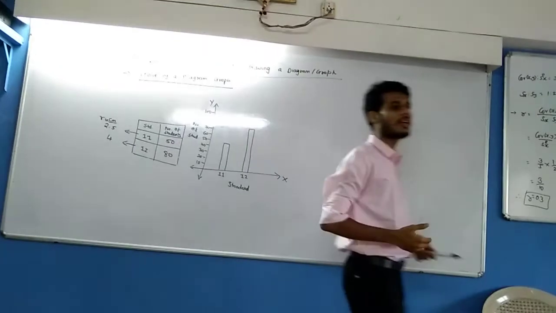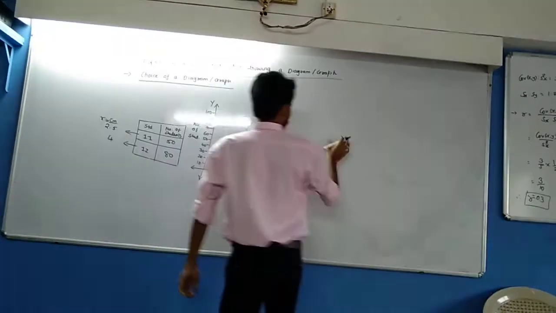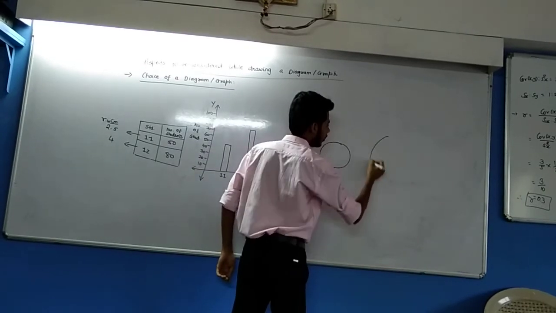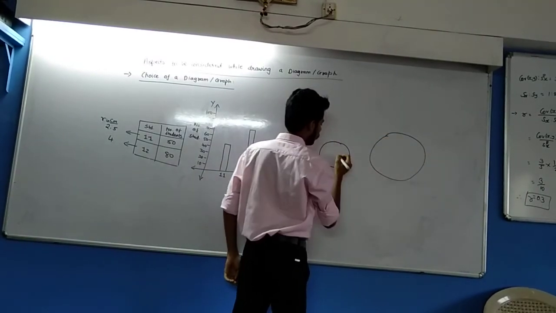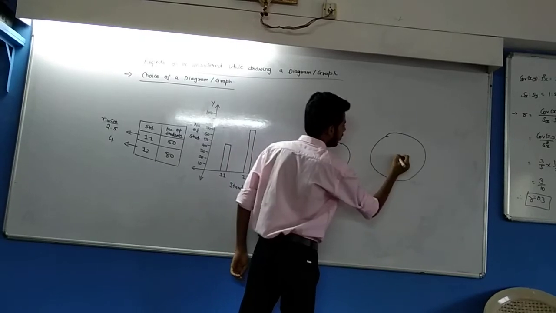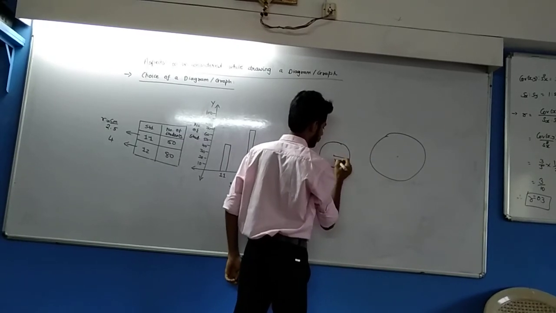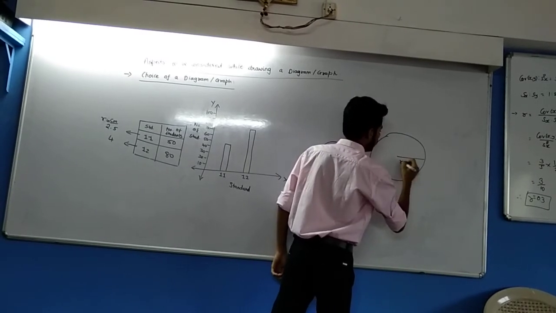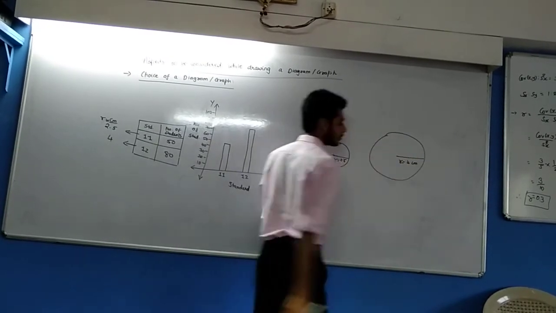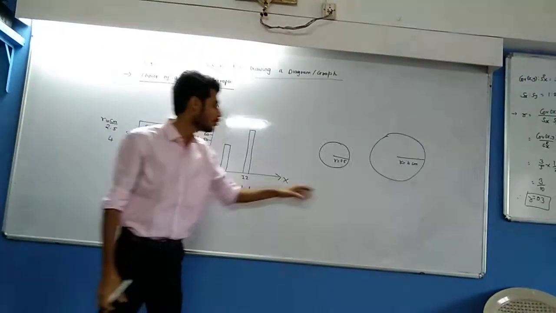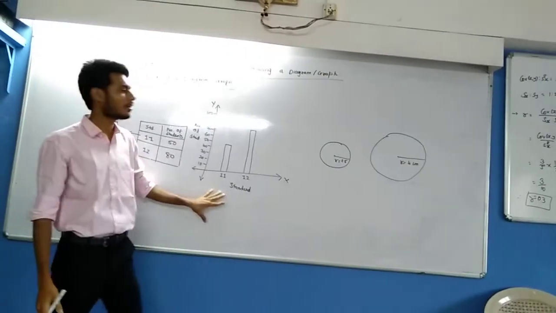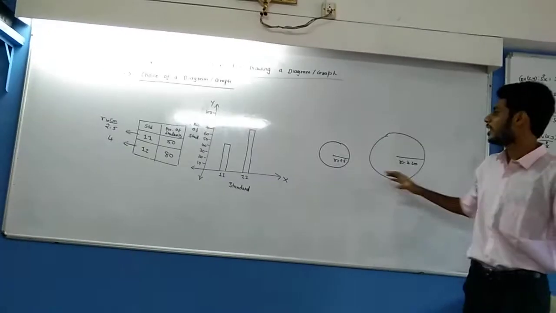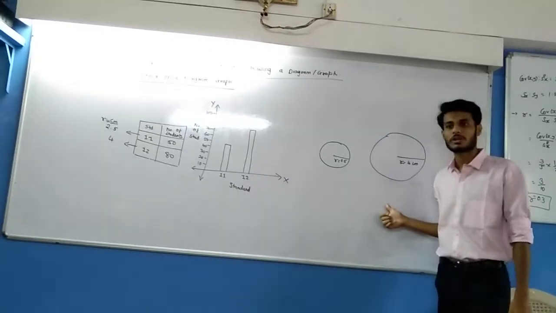It will become very easy. So you will draw two circle diagrams, one of 2.5 centimeter radius and one of 4 centimeter radius. This is another way of representing such data through a circle diagram.